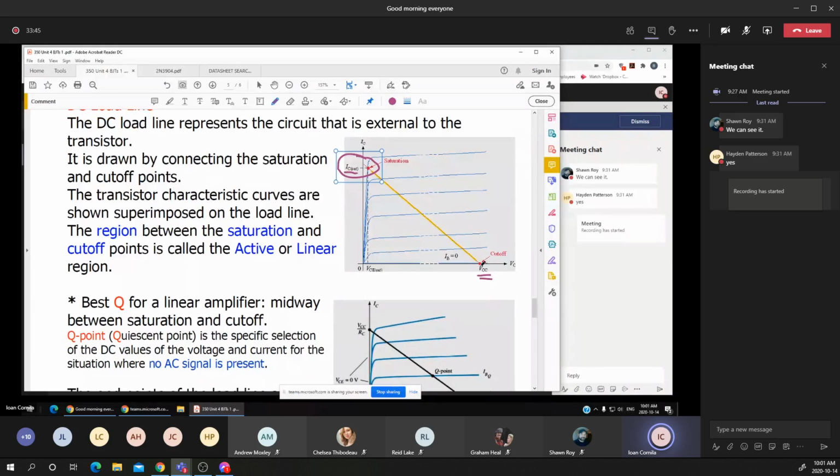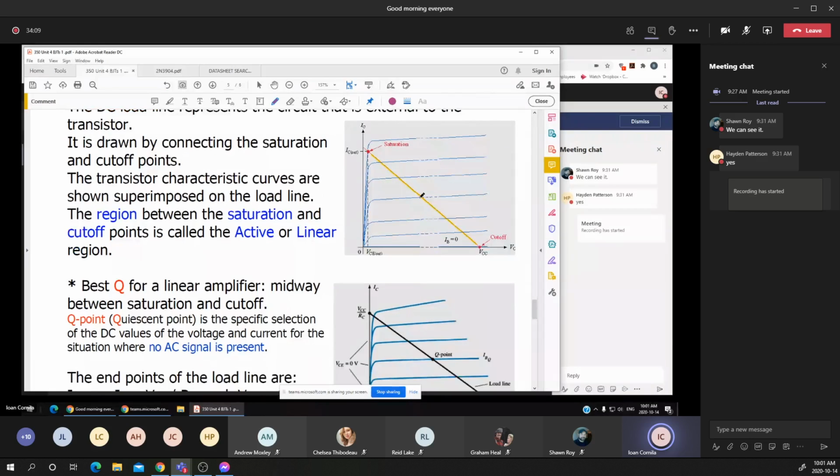Making the connection between the two points, one is the saturation current and the other one is VCC, we are placing the transistor in the active region on the load line. That means we are looking to use the middle point or the middle region. This is what we always look for: placing the transistor in the middle region.